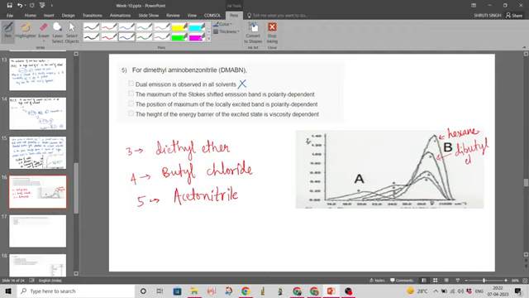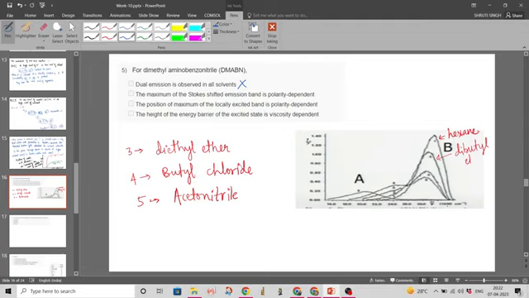The next one is the maximum of the Stokes shifted band is polarity dependent. Now the Stokes shifted band is this one, which is the red shifted band. Here the axis is in wave number, centimeter inverse.